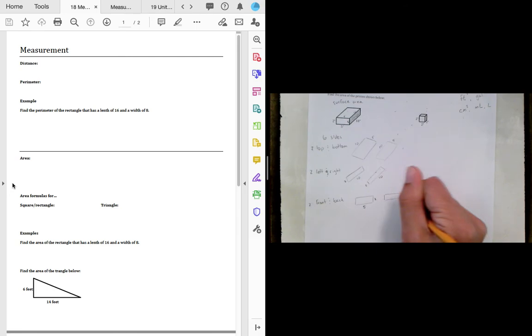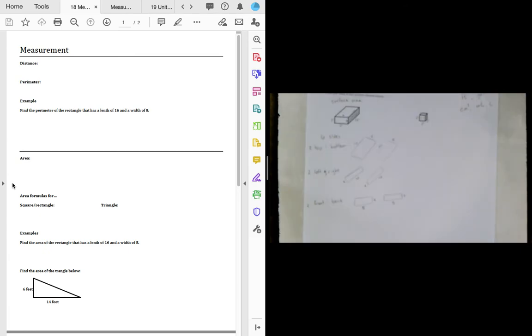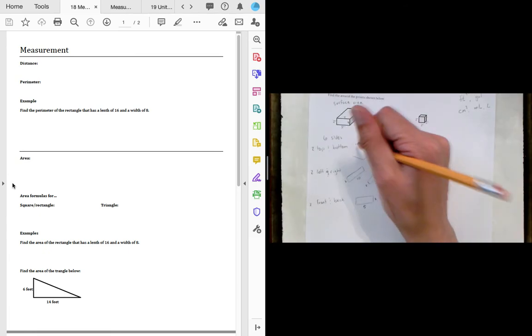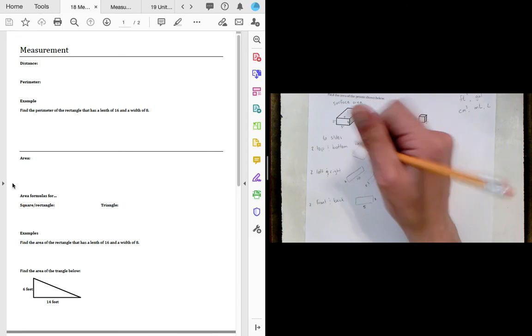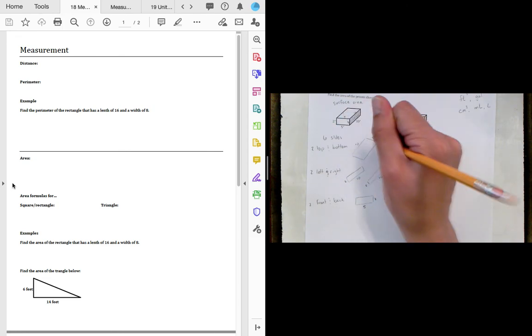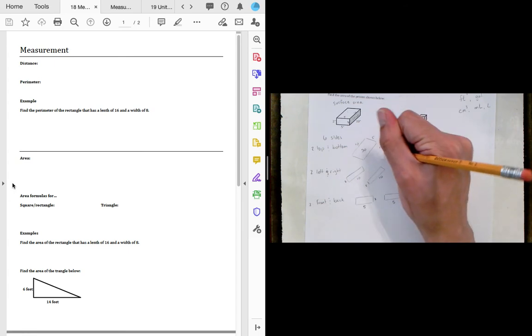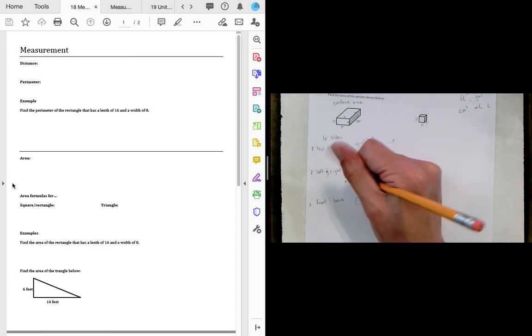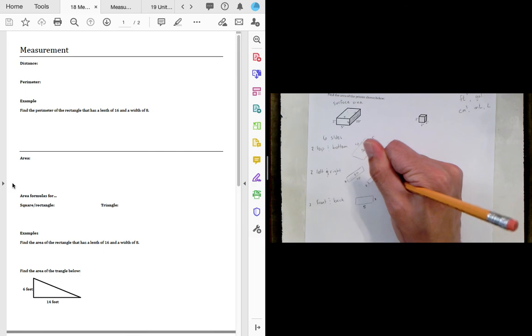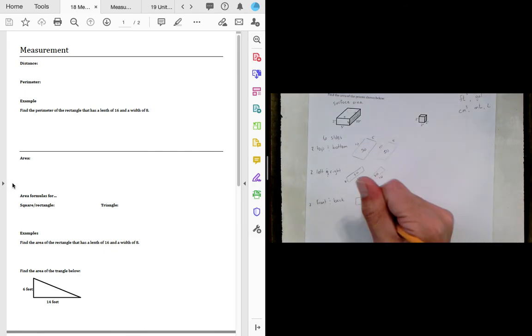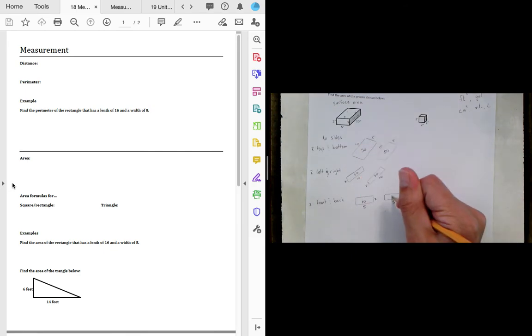So if we wanted to find the area, or what we refer to as the surface area, we're going to take all 6 of these sides and we're going to add them up. So to find the area of each of these, again, we multiply. So a 10 by 5 is going to give us 50, another 50, 10 by 2 will give us 20. This is also 20. That 2 by 5 is 10. And then we have one more 10.